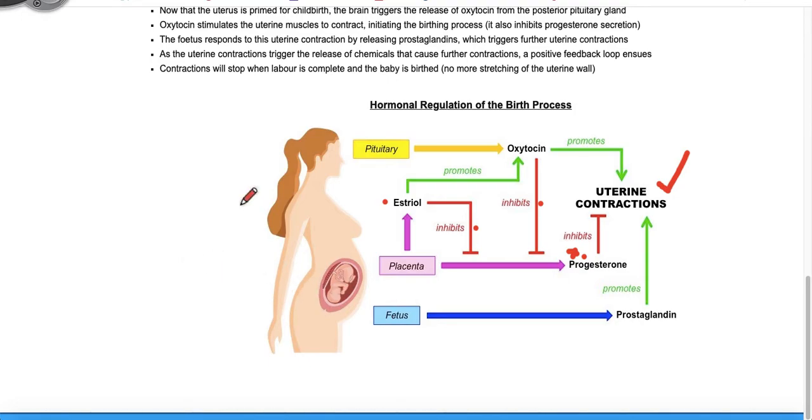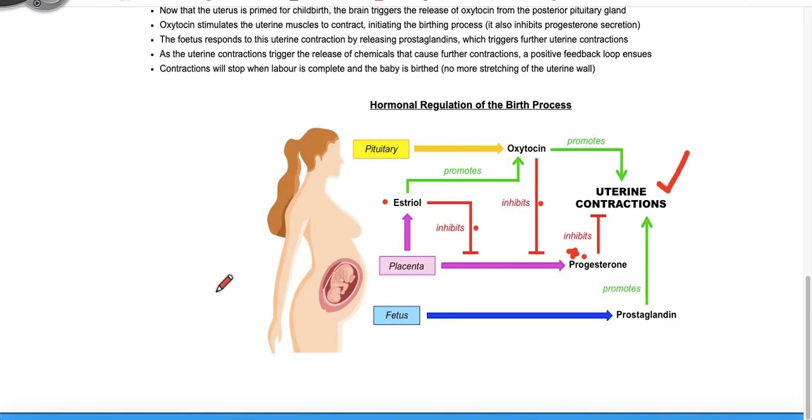This is what we call the afterbirth. The placenta gets expelled. Now, as soon as the baby comes out, remember that the baby is still attached to the umbilical cord. That umbilical cord needs to be cut and clipped, because otherwise the baby might bleed out.